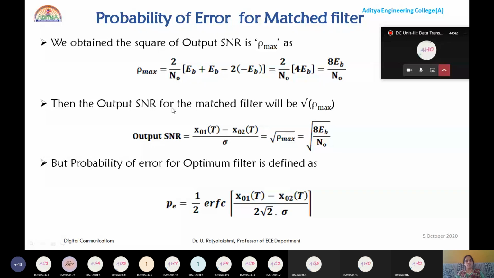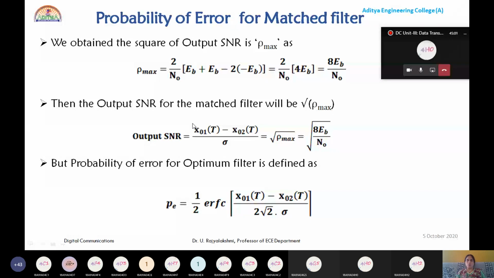But actually in the expression for probability of error, if you observe, it is half ERFC of x naught 1 of t minus x naught 2 of t divided by 2 root 2 sigma. What is output SNR here?